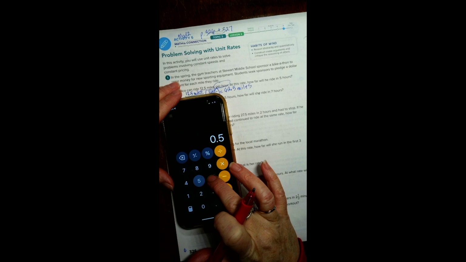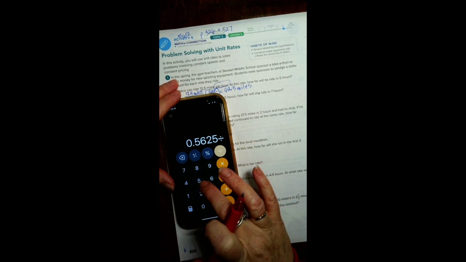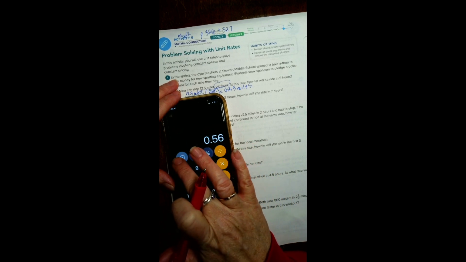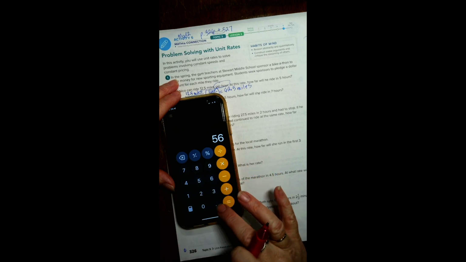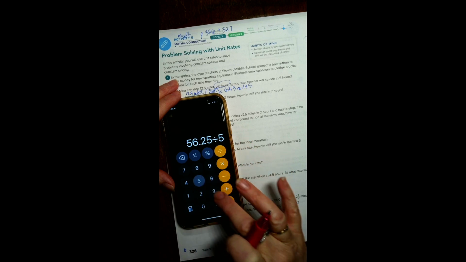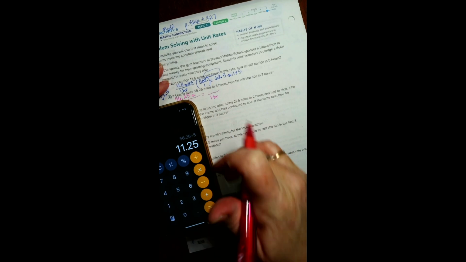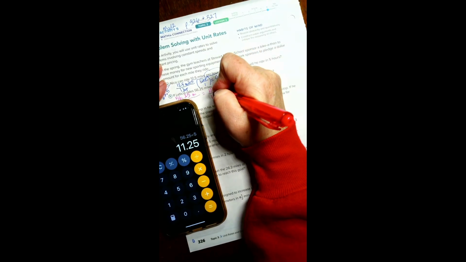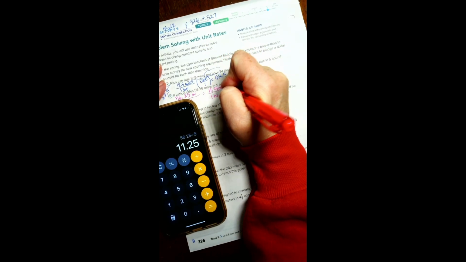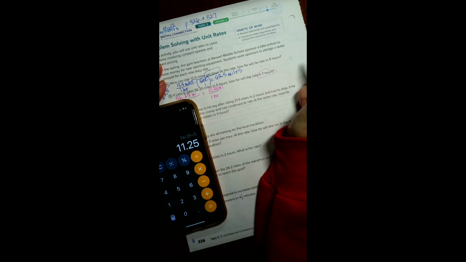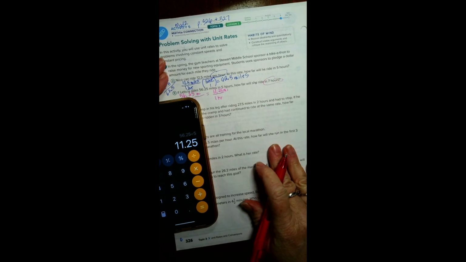So if we do 56.25 divided by 5, we get 11.25. So she rides 11.25 miles in 1 hour, and then we need to figure out for 7 hours.